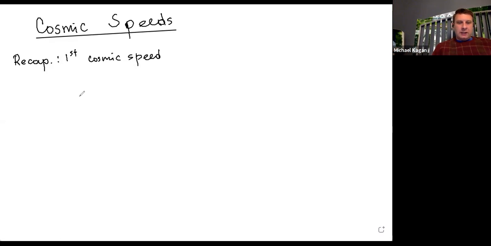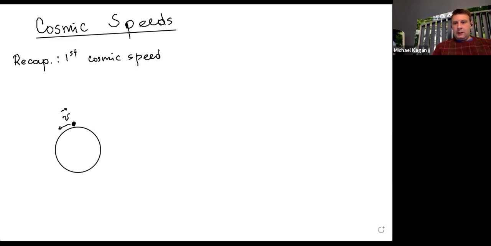So that was a simplistic consideration, but let's do it a little bit more rigorously using Newton's laws. So here is the Earth, and here is the projectile that goes around with some velocity.